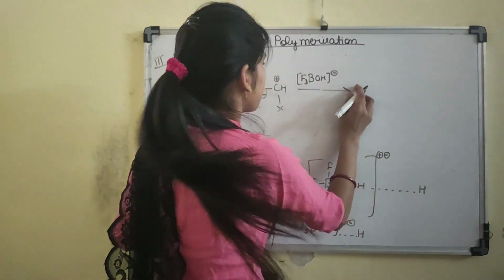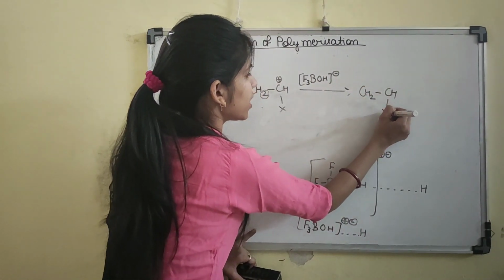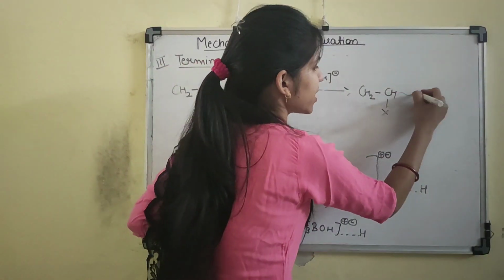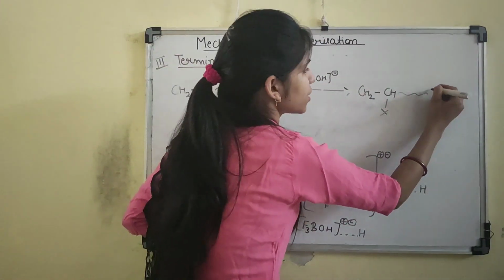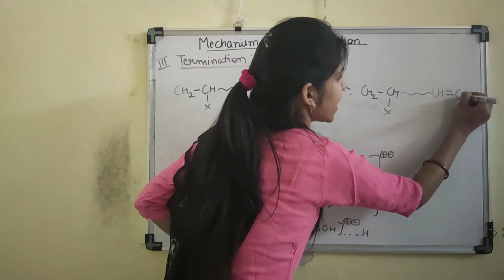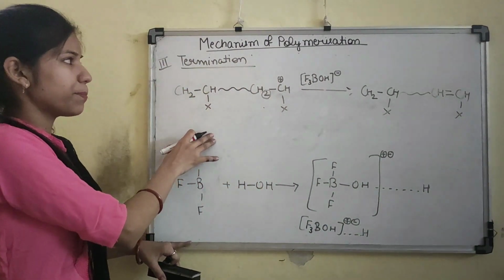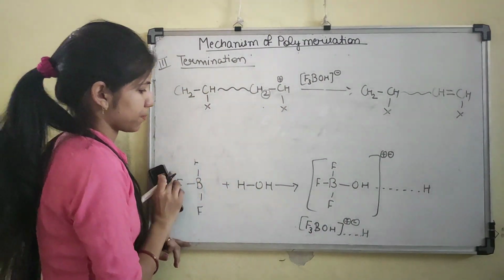So they form CH2 CHX, a long chain, and CH double bond CHX. This is known as ion pair coupling.